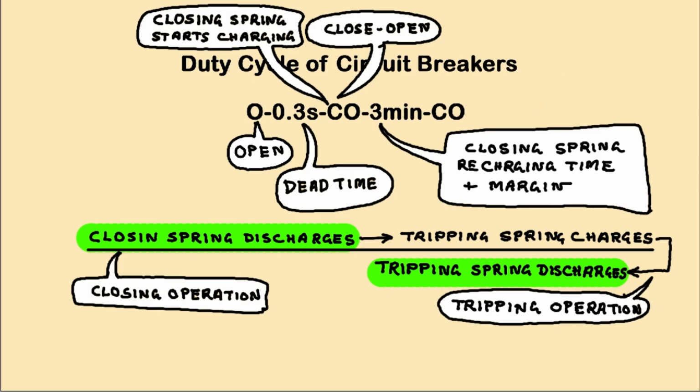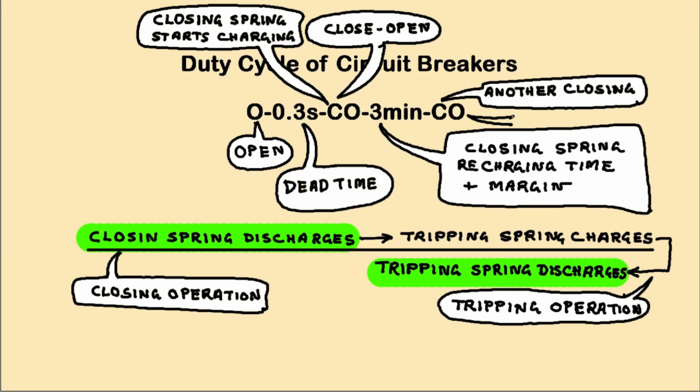If the fault is still there, meaning it is permanent, the breaker will trip again and the spring mechanism will begin recharging again. However, no more closing operations should be attempted until the system is reset or repaired. This applies whether you're using manual, recloser, or auto recloser operations. This is the significance of the duty cycle of a circuit breaker.